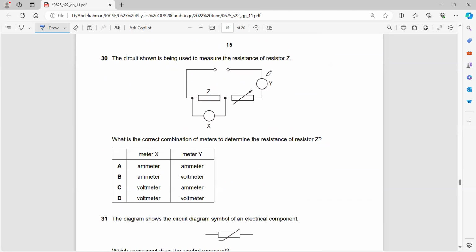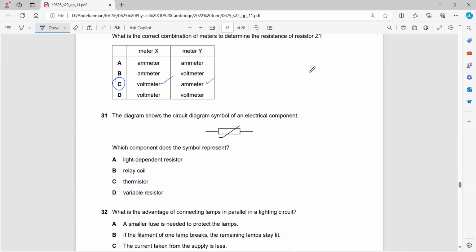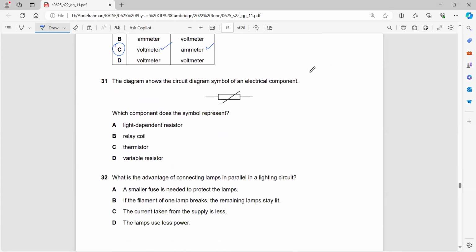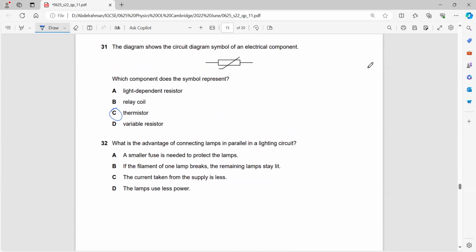C. X has to be a voltmeter and Y has to be an ammeter. Yes. What is this electrical component? It's a thermistor.